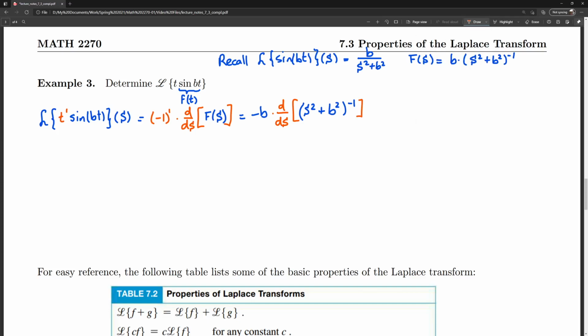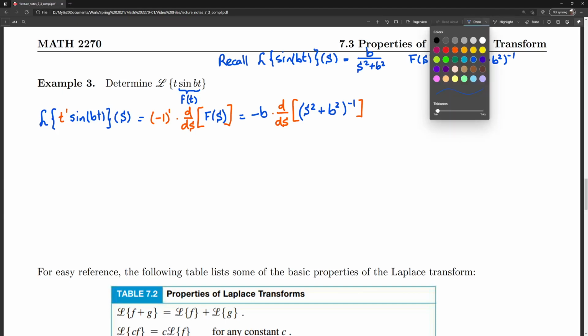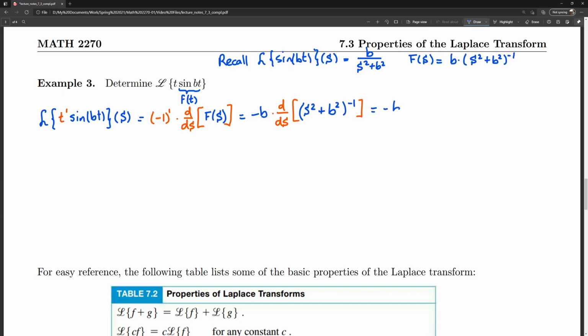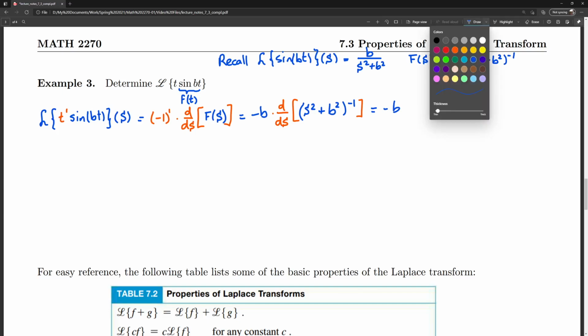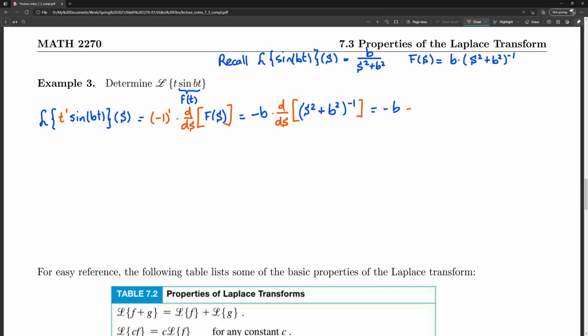And to take the derivative, what is going to happen is that to the power negative 1, I'm going to subtract 1, and I'm going to move that negative 1 to the front. So I'm going to have times negative 1, and then s squared plus b squared to the power negative 2.